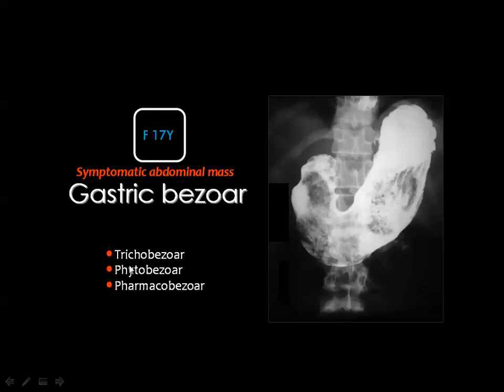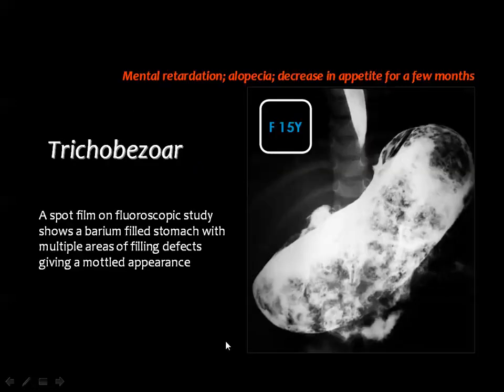The most common is the trichobezoar, which is seen in infants and young females who are mentally disturbed; they sometimes swallow hair into the stomach. And you know that hair is indigestible. It will accumulate to form a big mass that will later on obstruct the gastric lumen.